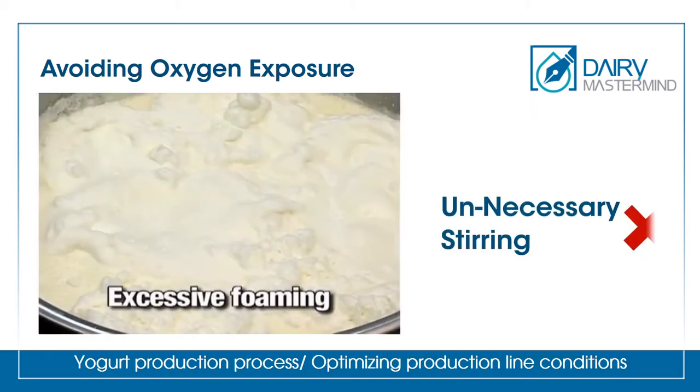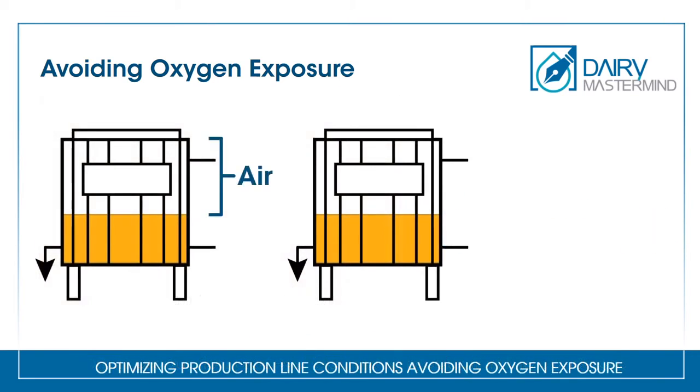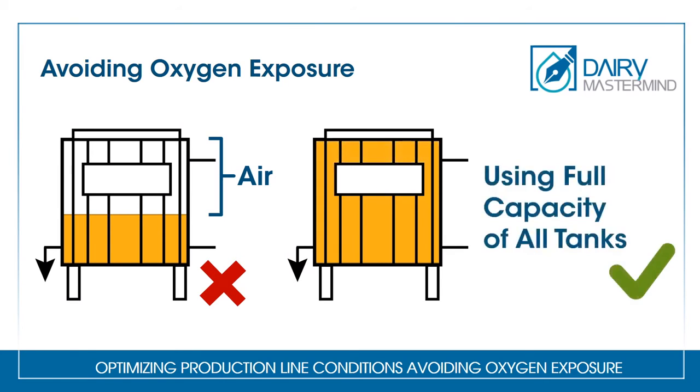It is also recommended to avoid unnecessary stirring, which increases the amount of dissolved oxygen and makes foam. For the same reason, we should try to use the full capacity of all tanks and not leave part of them free.